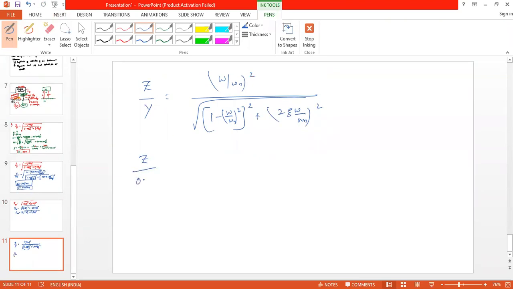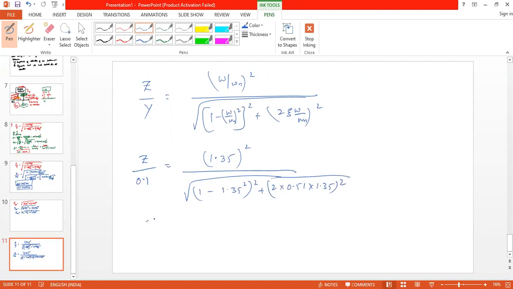So Z divided by 0.1 is equal to 1.35 whole square, divided by root of (1 minus 1.35 square) whole square plus (2 into 0.51 into 1.35) whole square. So what is the value of Z?